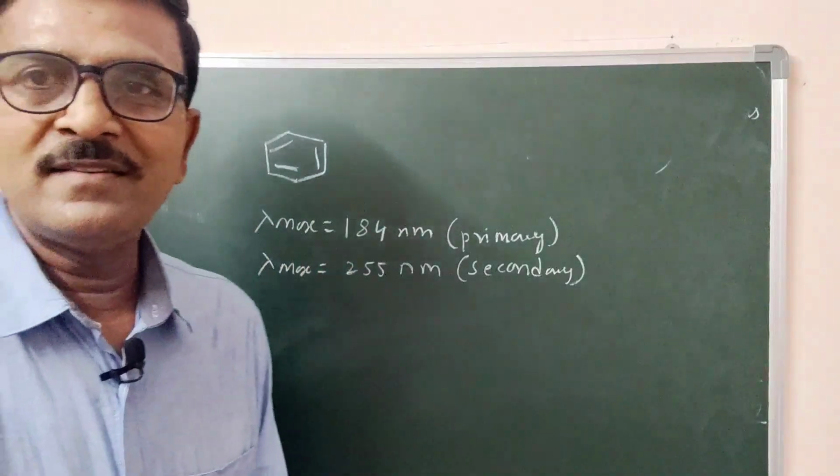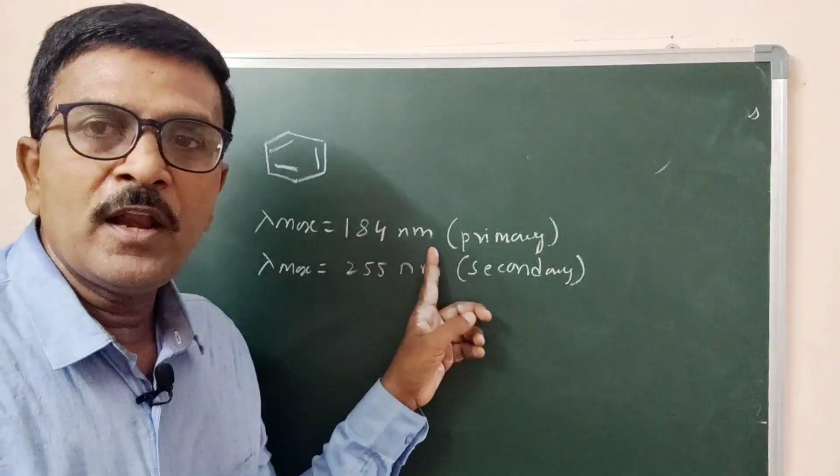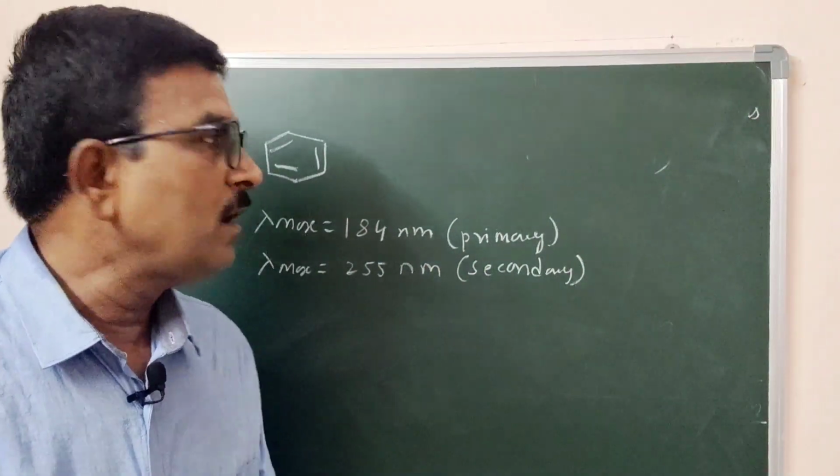So there are two bands. One is the primary band at 184 nanometers, the second one is the secondary band at 255 nanometers for benzene.